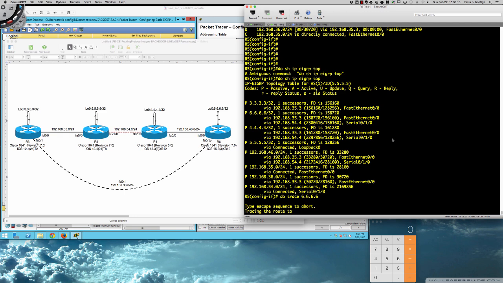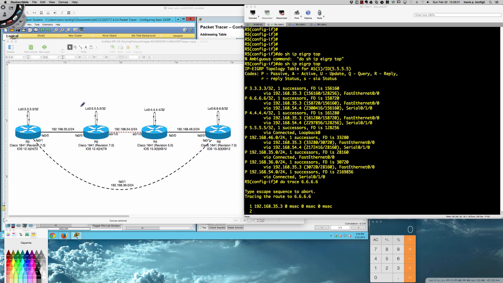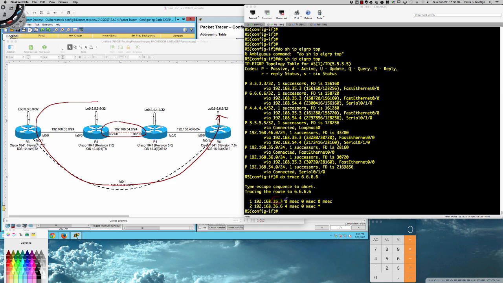Then it should jump to the 192.168.36.6. And then we should arrive at our destination. Because remember, we're going from right to left right now in terms of the preferred flow of traffic. It's going this way to get to router 6. And we know it's doing that because we've got this really slow serial link in the middle here, right? So there you go. It went to 3, and then it went over to router 6, and then it made it to where it was going.